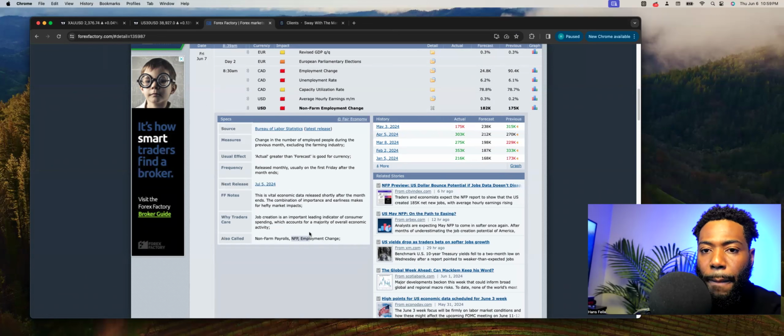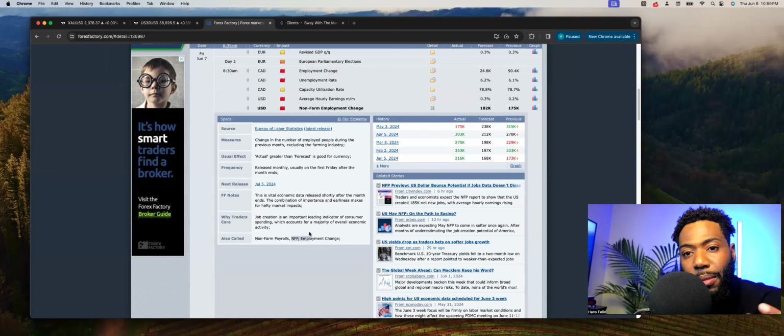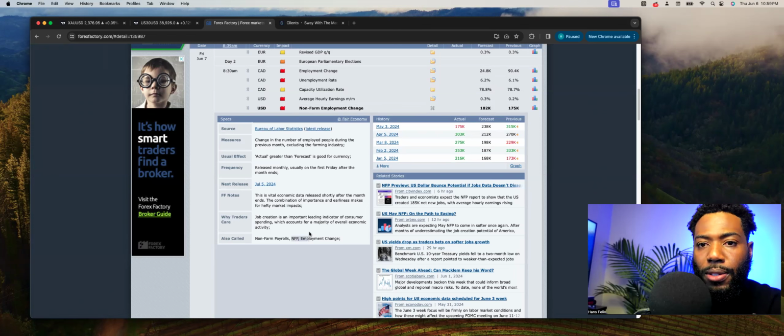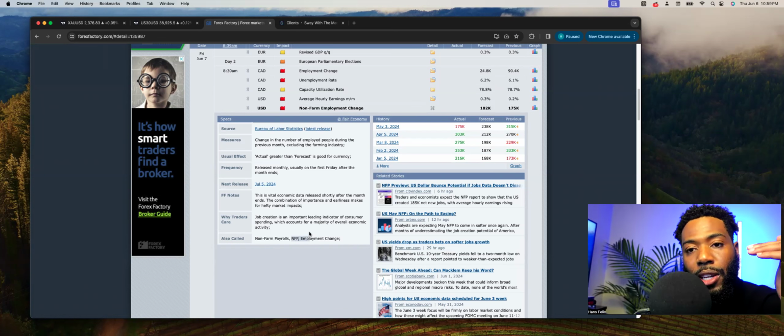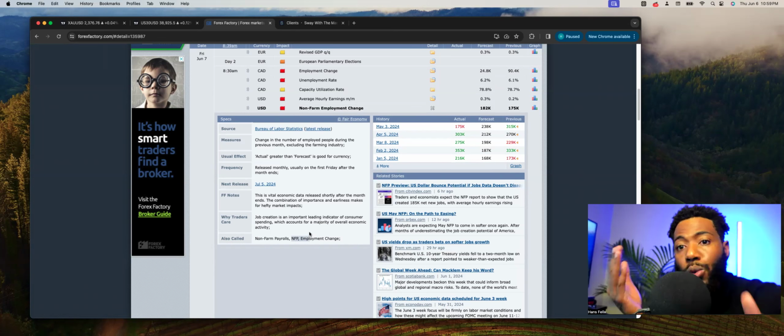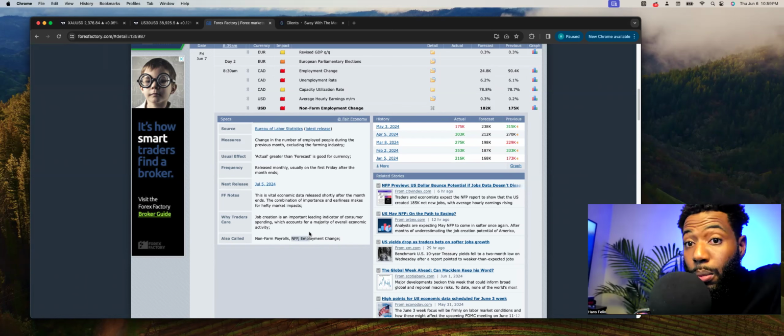So pretty much the gist is this: if the economy is not getting too many people hired, then that's a bad look for the economy, meaning the economy is slowing down. Typically if the numbers come out less than expected, it's a disappointment, which means it's bad for the US dollar, which makes pairs like XAU USD bullish.